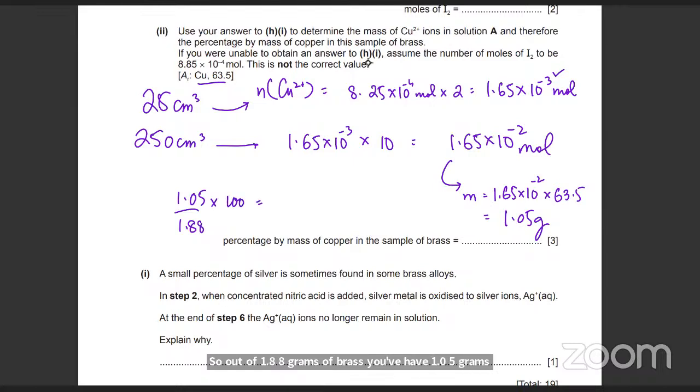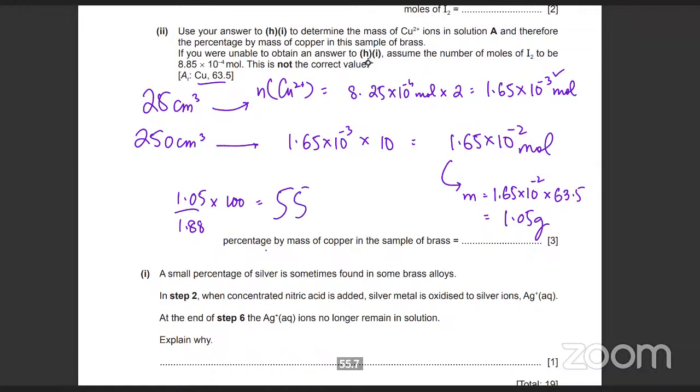So what is the percentage that we are getting? 55.7. So you're getting 55 point something, and that's going to be your answer for this one.